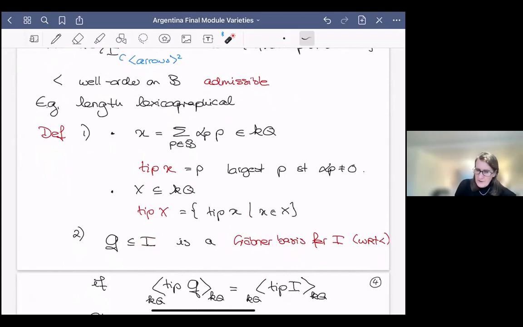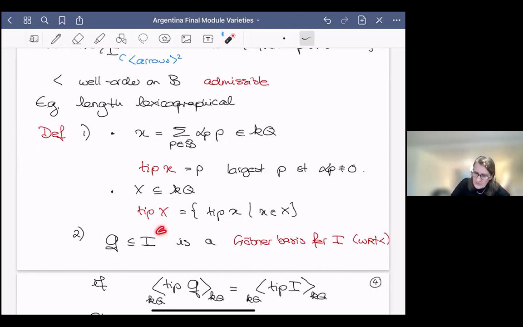So we have our ideal I in KQ, a two-sided ideal, and then we take a subset G of I, and this subset is a Gröbner basis for I with respect to our chosen order if, on the one hand, we look at the tips of G. Inside KQ, we pick out all the tips of the elements in G.